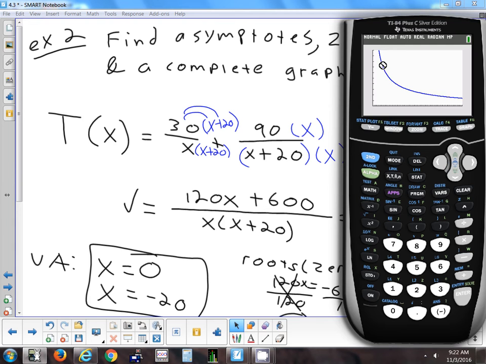As she starts to drive faster, the time decreases. But notice after a certain point, driving faster doesn't lower her time that much, because it's starting to level off. Driving faster for lower speeds makes a big difference, but it doesn't make a bigger difference for higher speeds.